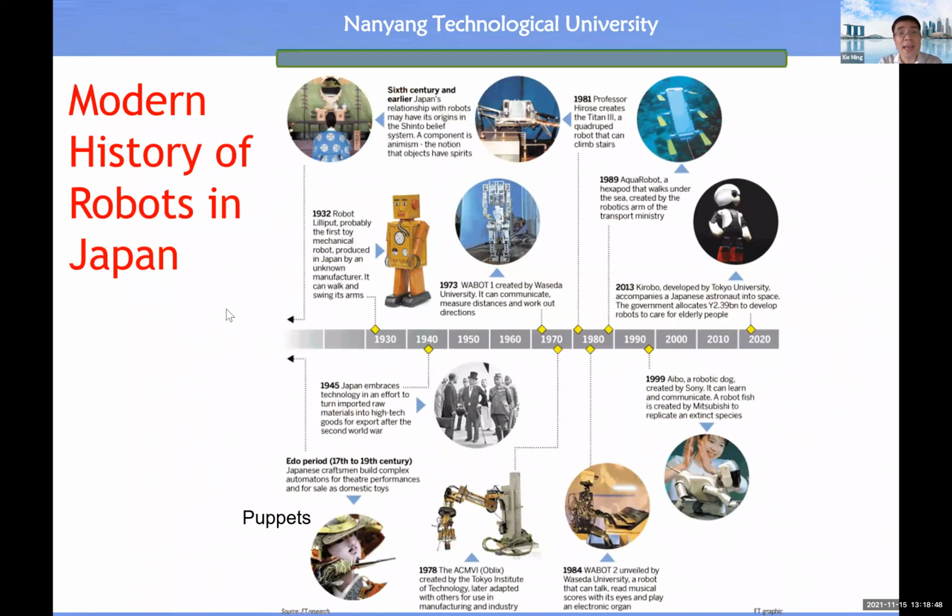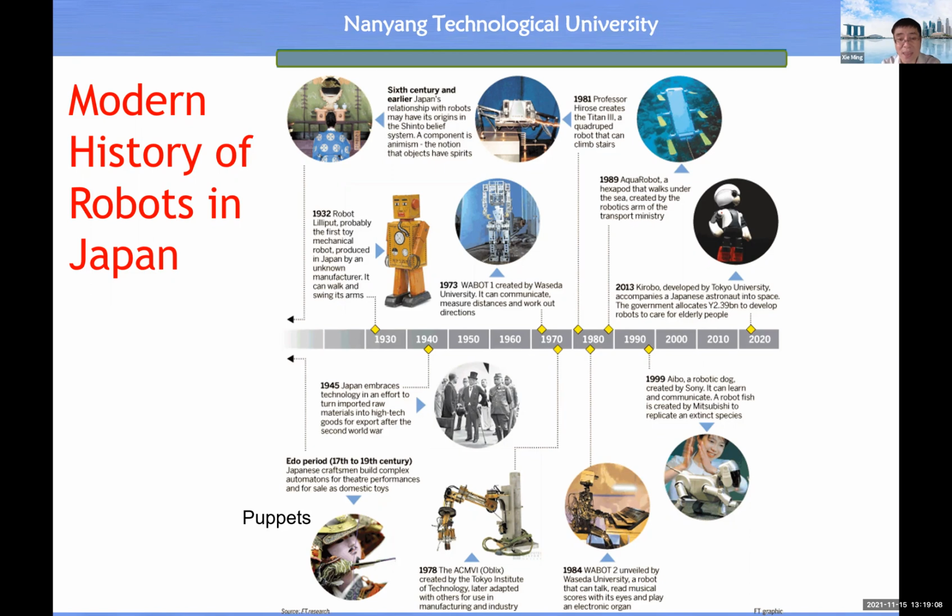And in parallel in Asia, especially in Japan, you will see the modern history of a robot and robotics are quite similar to the modern history of a robot or robotics in Western country.